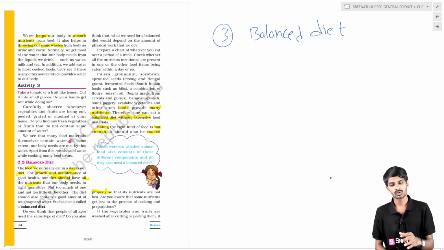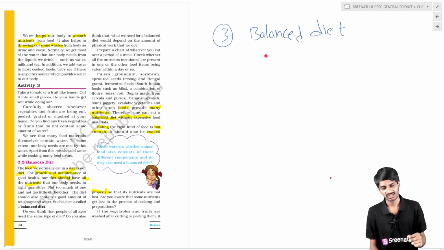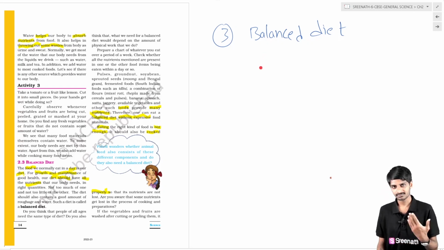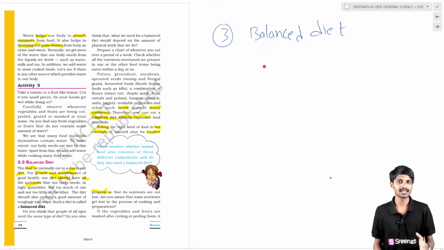If the list of the food items you are eating in a day has all the nutrients, both macro and micronutrients, carbohydrates, vitamins, minerals, dietary fibers and water, then we call it balanced food.